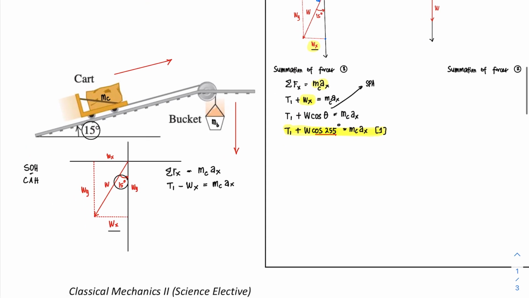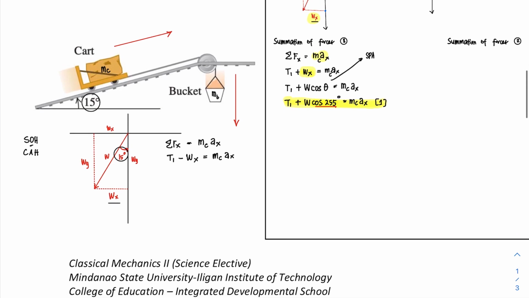Because again, when you are using SPA in your theta there, you take plus WX, meaning you disregard the sign of the force on the FBD. But if you don't want to use SPA, that means you want to use the given angle, so you have to take into account the sign.